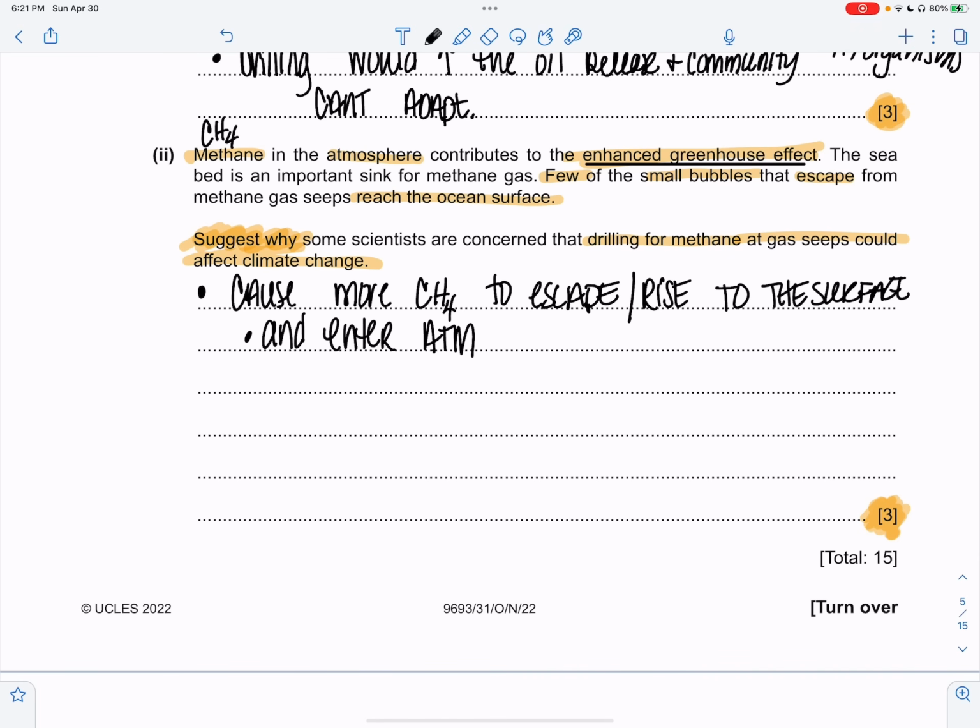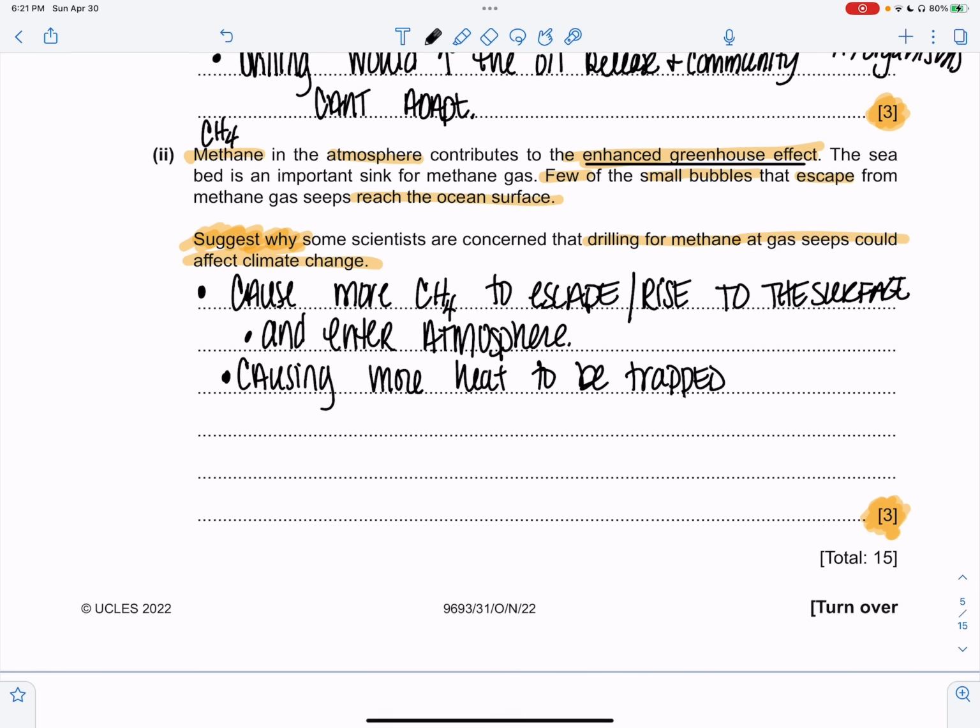Okay, you get a mark for mentioning that it's going to go into the atmosphere, causing more heat to be trapped. And we know this because they said it contributes to the enhanced greenhouse effect. And this is 9.2, global warming, greenhouse effect.